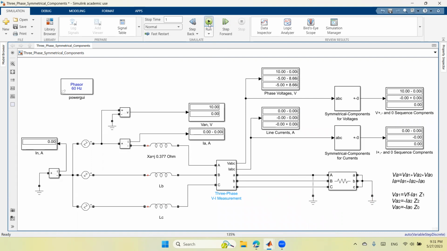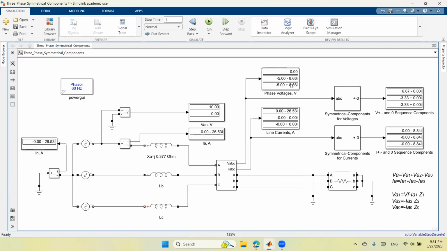Now I want to run the circuit once again, and let's see what we have. For the voltages at the source, they are normal, 10 in magnitude, displaced by 120 degrees from each other. When it comes to the voltage at the fault location, we see the voltage at phase A is equal to 0.